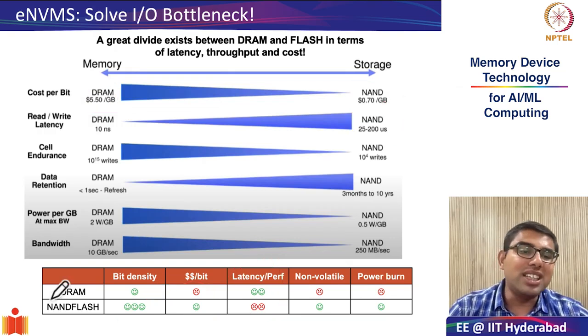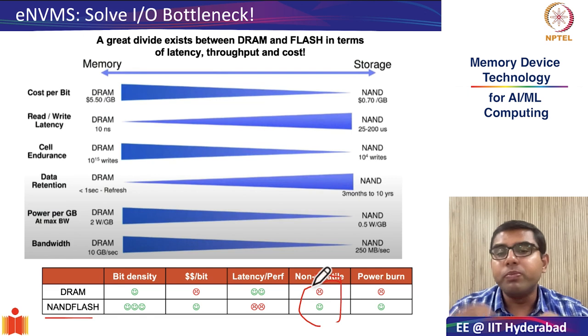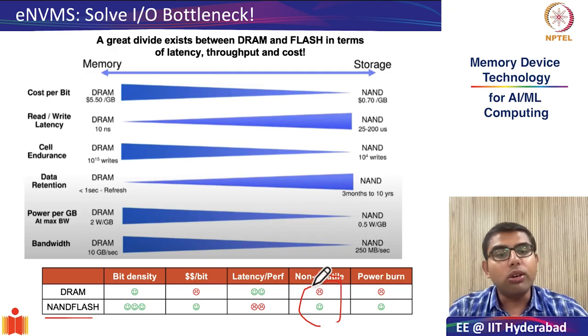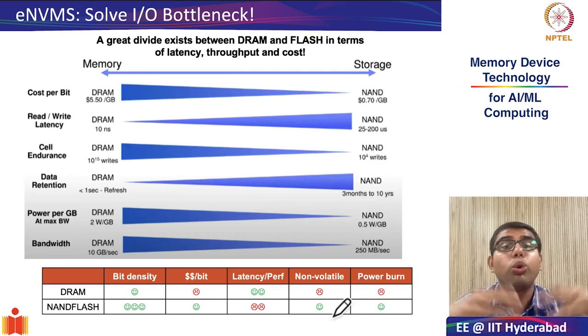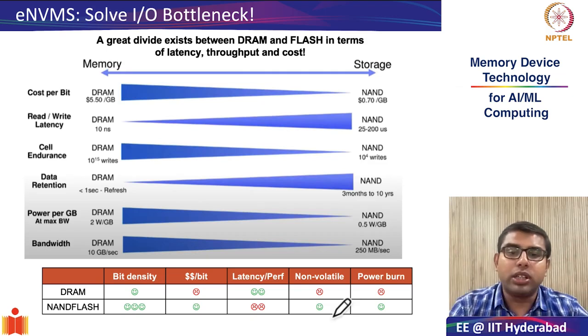The other big advantage that NAND flash has, and that is why it is called storage, is non-volatility. DRAM is just a capacitor and a transistor. The capacitor leaks very quickly and you have to keep refreshing. NAND flash, therefore, is non-volatile. The charges stored in the charge storage layer through the control gate remain almost forever, right?